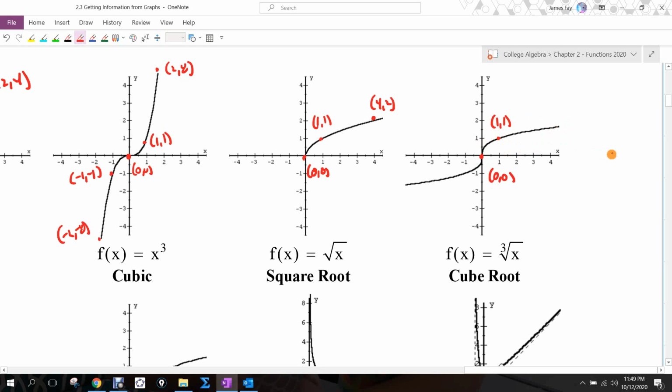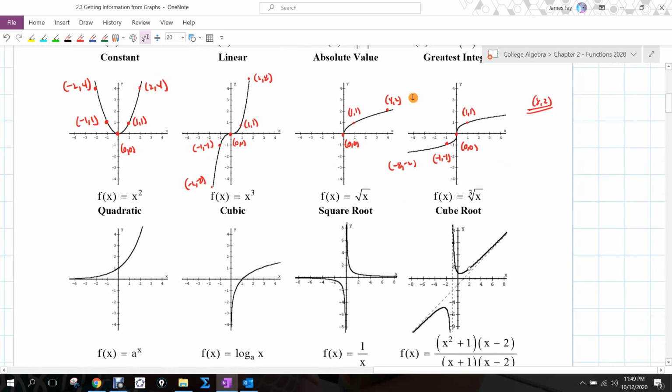But now I'm going to go out to 8, 2. Okay, so if the x value is 8, take the cube root of 8, you get 2. I can take the cube root, or the odd root, of a negative, so I will have negative 1, negative 1, and I'll also have negative 8, negative 2, which is, again, that ordered pair reflected across the origin.